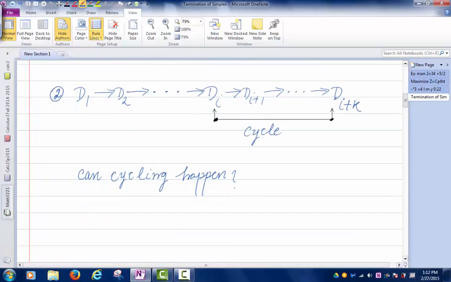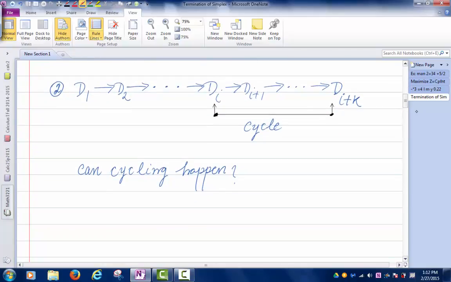One of you told me already that the other possibility is that you get to a dictionary Di, and then you get into a cycle. From Di you get Di plus 1, Di plus 2, up to Di plus k. But after Di plus k, you go back to Di. That is, when you apply the pivoting operation to Di plus k, you get the dictionary Di again.